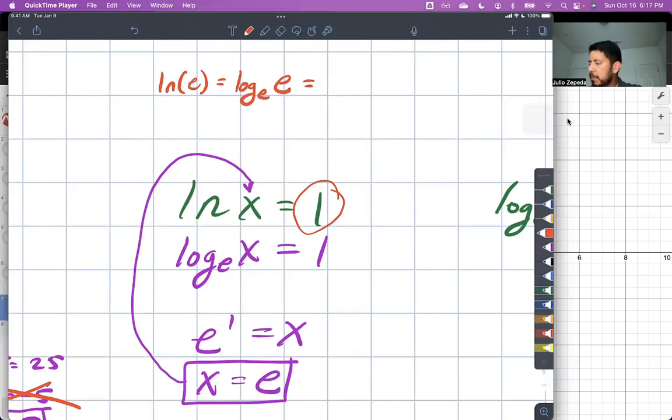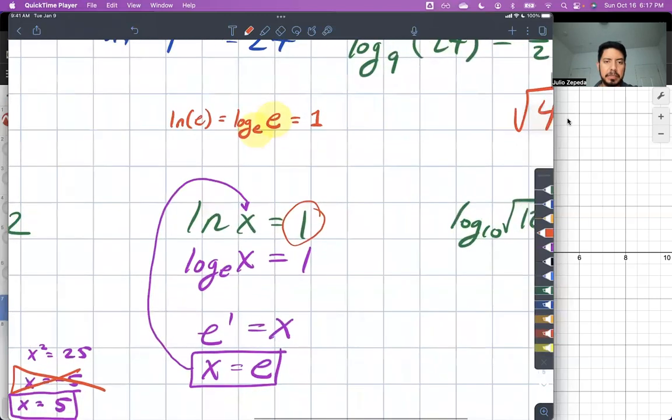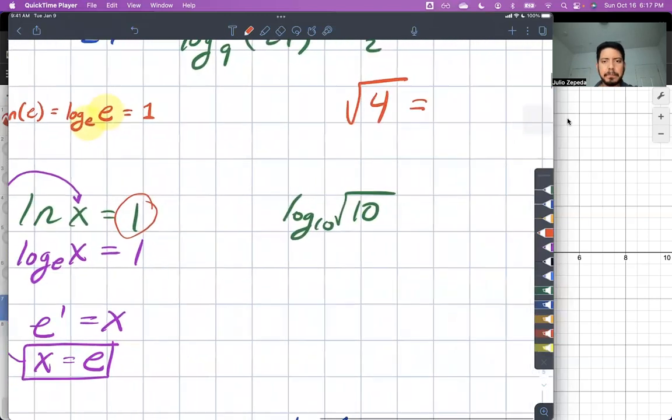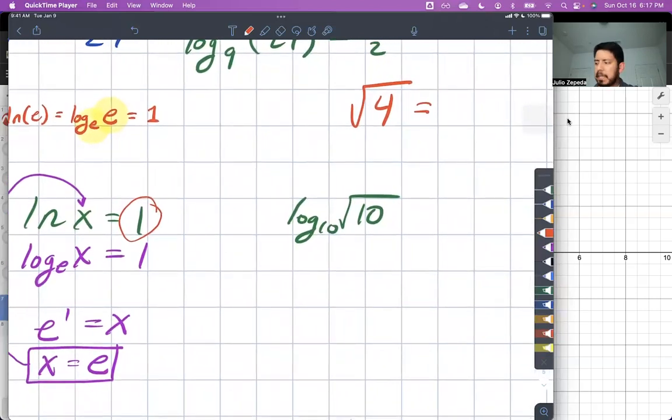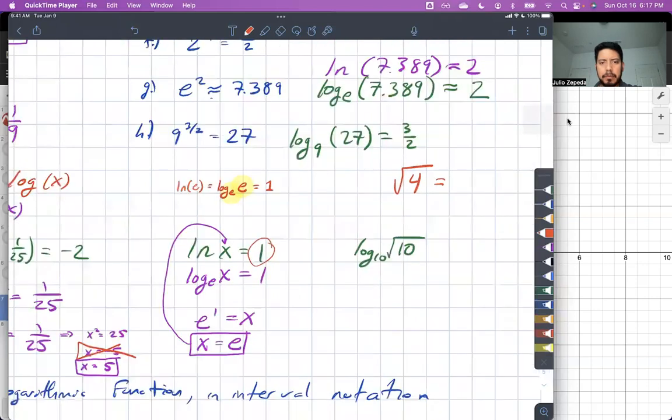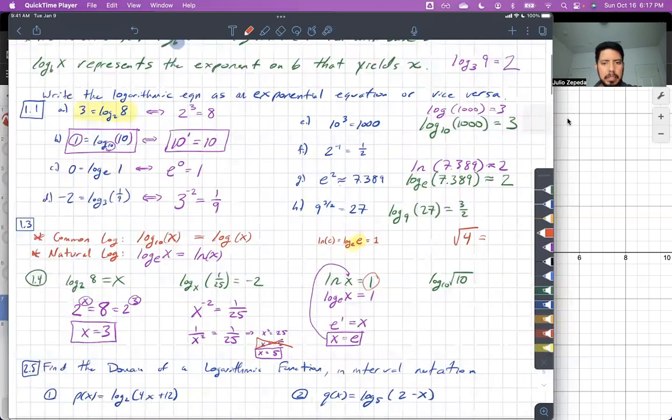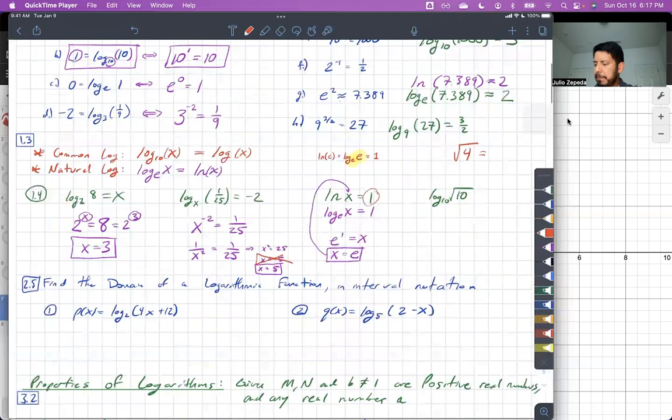And then it brings up the question, what exponent do I need to put on e to get e? Well, e raised to just the first power would return e. We just put the exponent of 1. So the natural log of e is 1, therefore e is our solution to the equation. I'll leave that one there for you to try on your own. You can ask me about it in class if you want to know the solution.